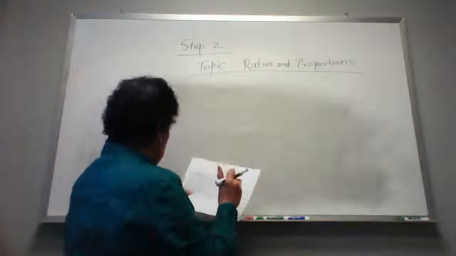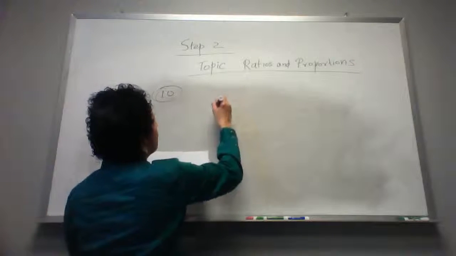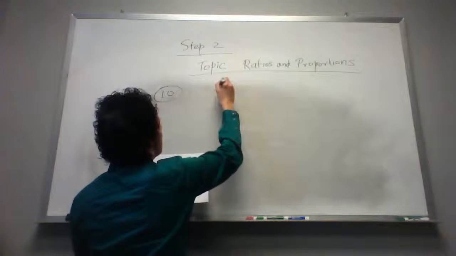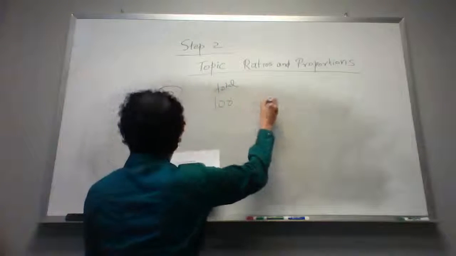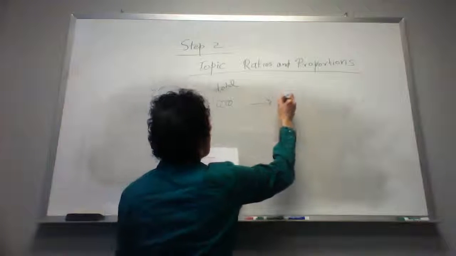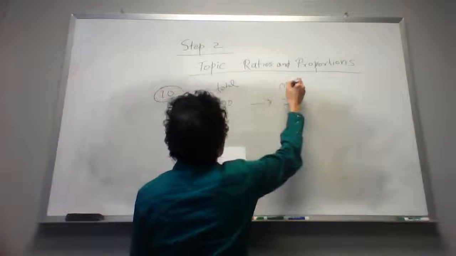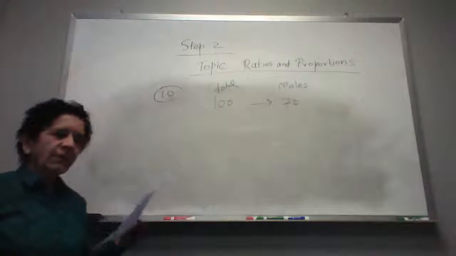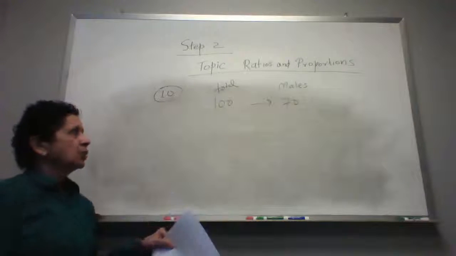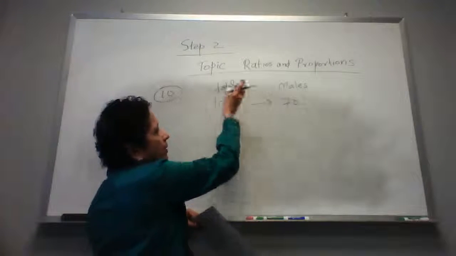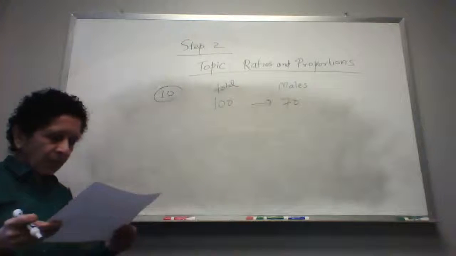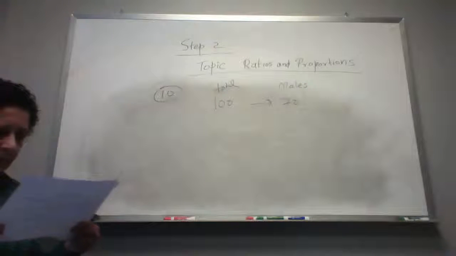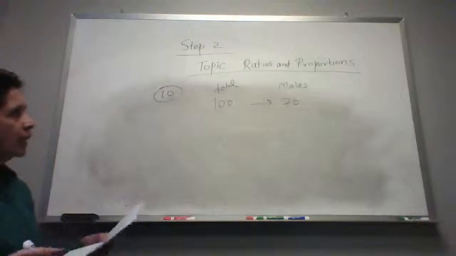So if the total number of employees is 100, then I'm going to have 70 male employees. 30% females means 70% males. So if I have a total of 100 people, 70 are going to be males. But the problem says that there are 140 male employees.